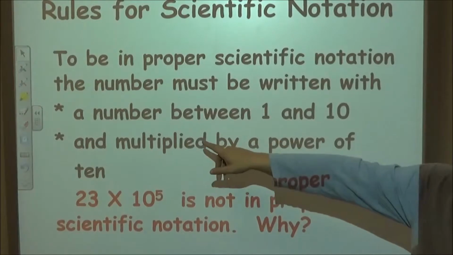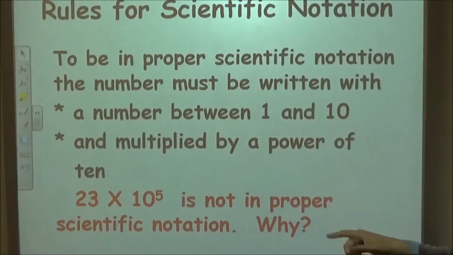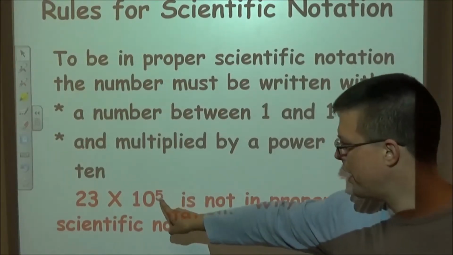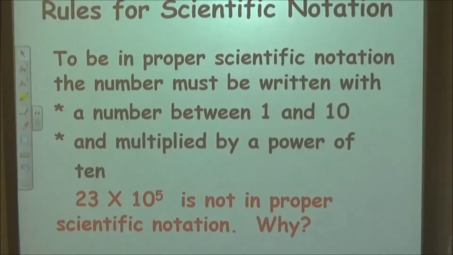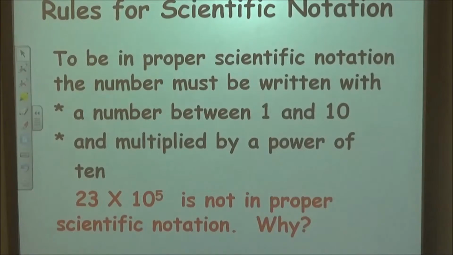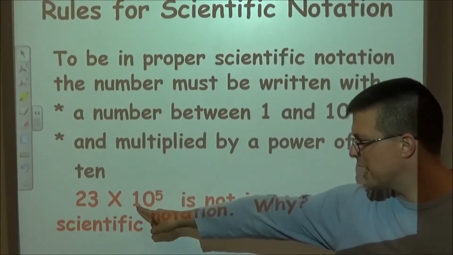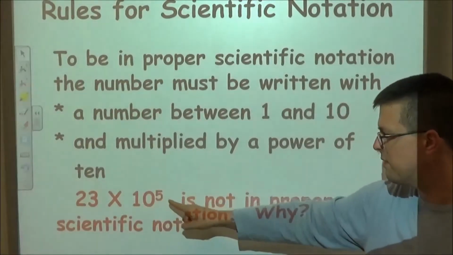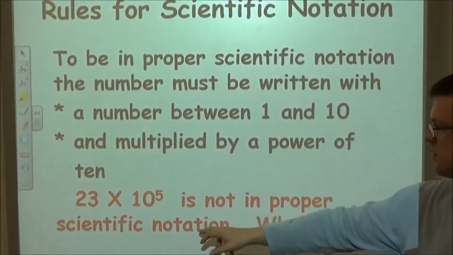Then we're going to show it being multiplied by a power of 10. And we're going to have to decide how to determine what exponent goes on our power of 10, but we're going to do that when we start doing examples. But the first thing I want to ask you is, look at these two things we need, and look at this down here. It says 23 times 10 to the 5th power is not in proper scientific notation.